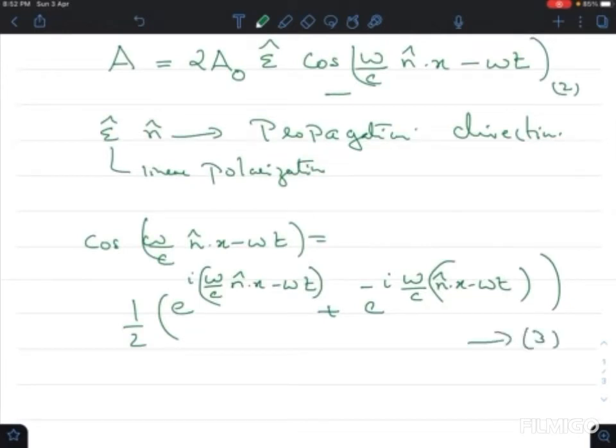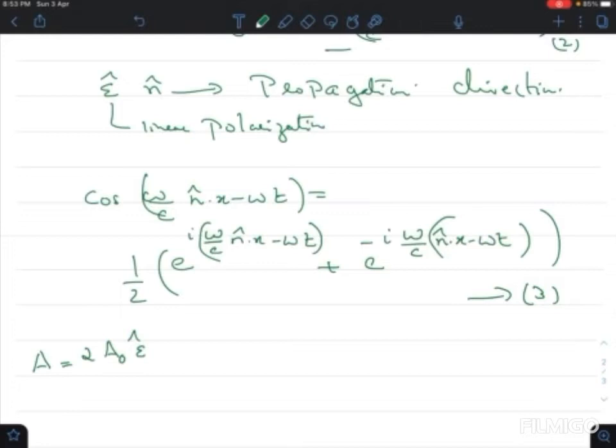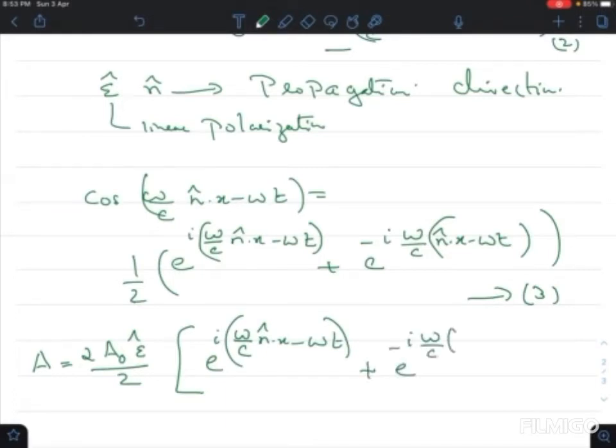Substituting in equation 2 we have A is equal to 2A0 epsilon into, so here you have 2 divided by 2, into e raised to i omega by c n dot x minus omega t plus e raised to minus i omega by c n dot x minus omega t. So that is my equation number 4.